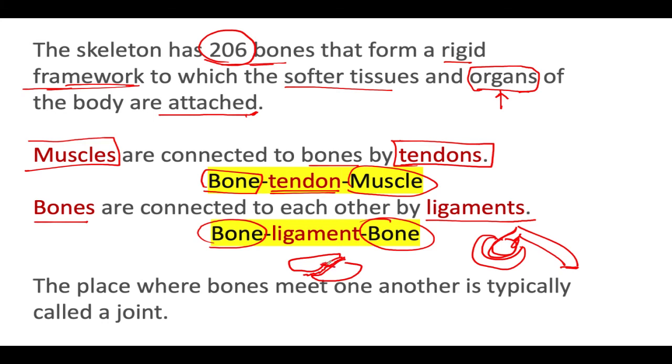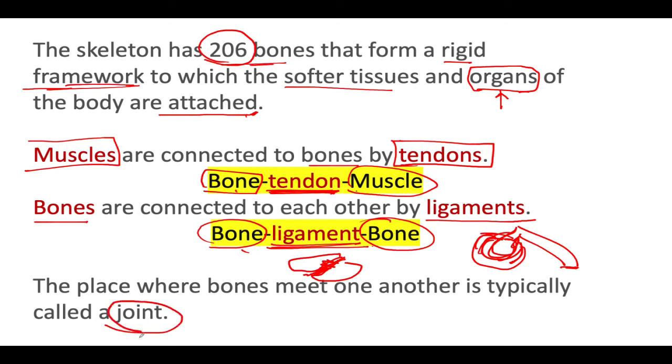Well, how are these connected? Through ligaments. So ligaments create a supporting environment for these movements, moving joints, I would say. So bone to bone is ligament, bone to muscle is tendon. The place where bones meet one another is typically called a joint.